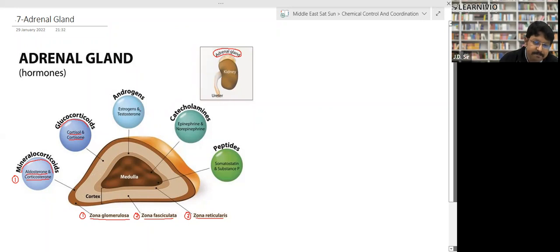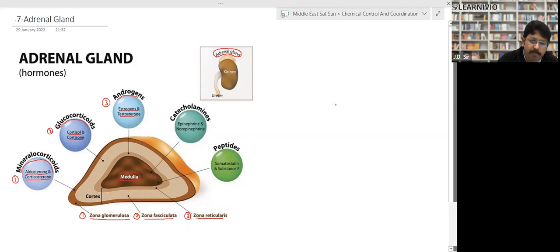The third layer is the zona reticularis, right? Zona reticularis secretes androgens, estrogen and progesterone. So that is the second layer and third layer. Now there is the innermost core, known as medulla, right?